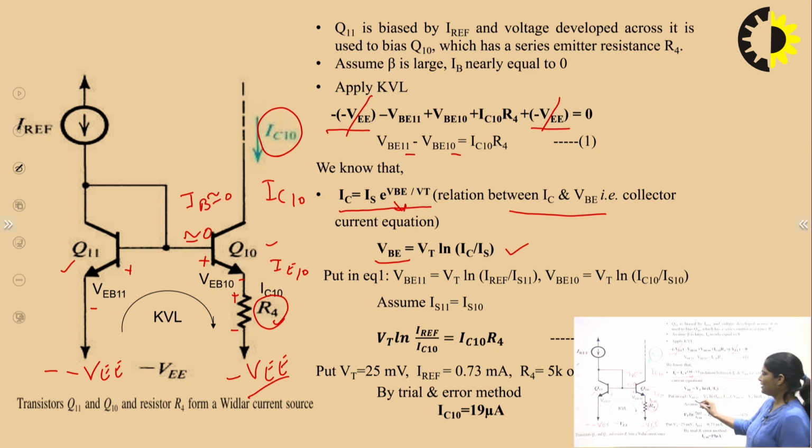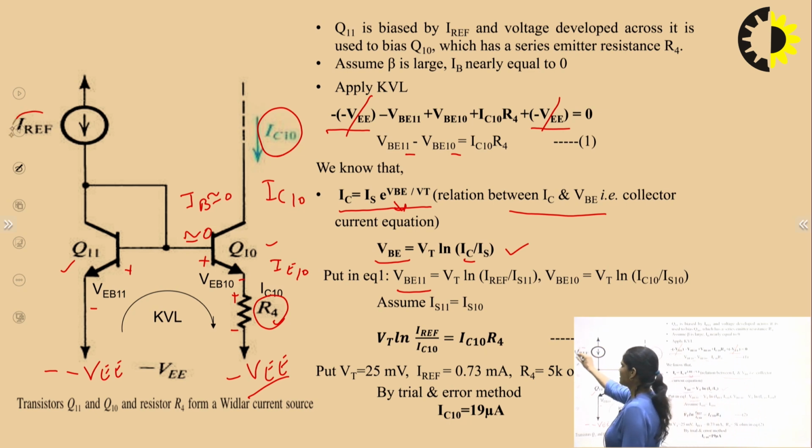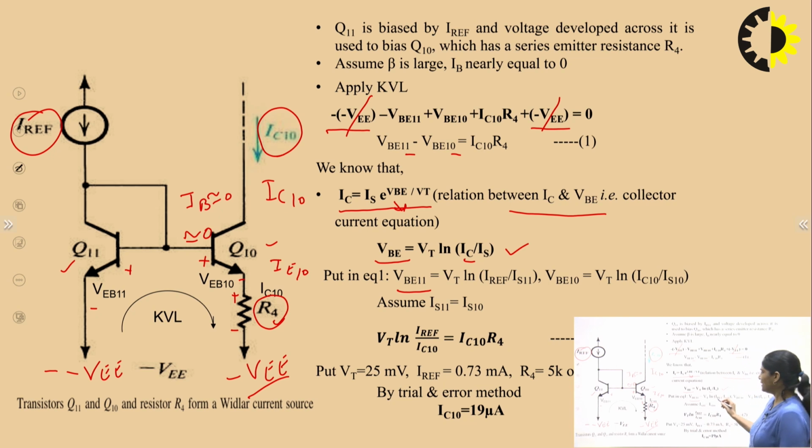We can find VBE11 equals VT ln of the collector current of transistor 11, which is I reference, upon the saturation current of transistor 11.